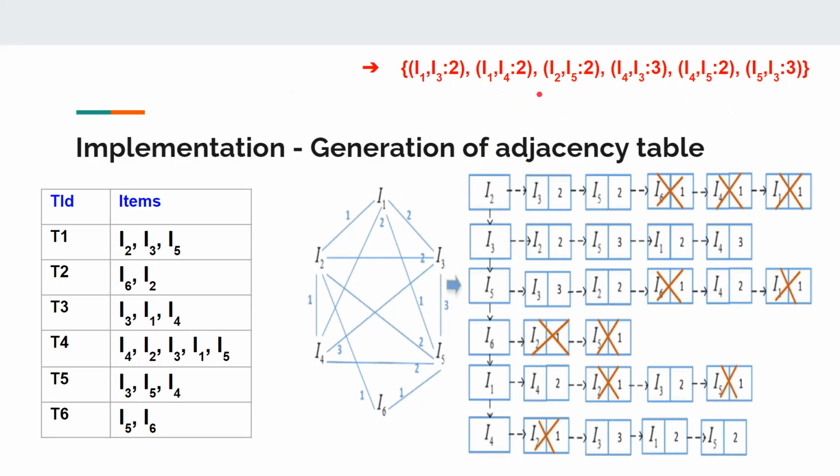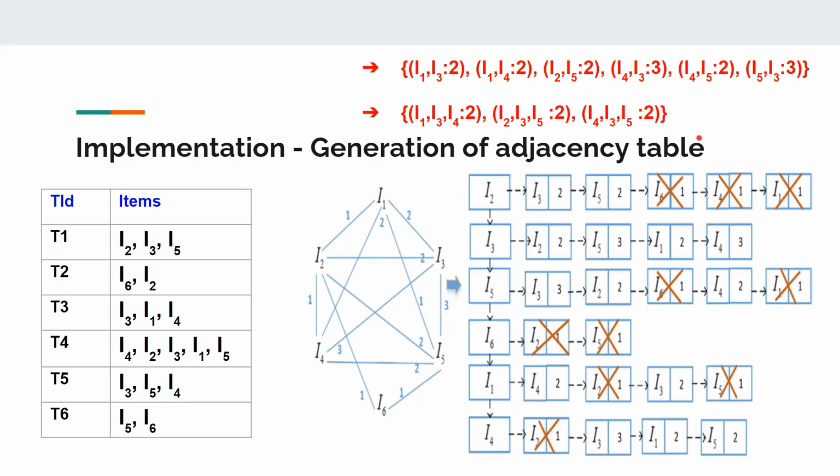By mining this adjacency table further, we can obtain 3 frequent item sets. For example, I1 is connected to I3 and I3 is connected to I4 with weight 2. Similarly for the other nodes, we can frame the 3 frequent item sets.